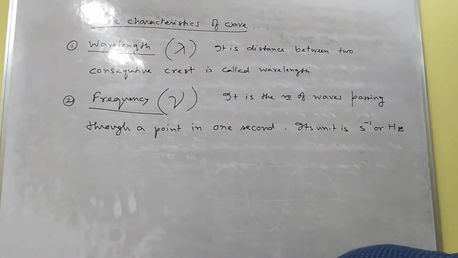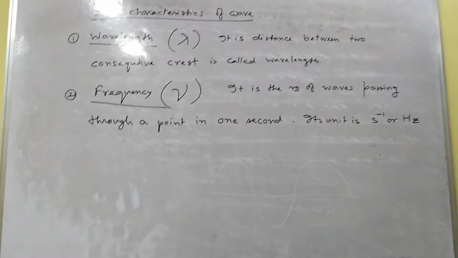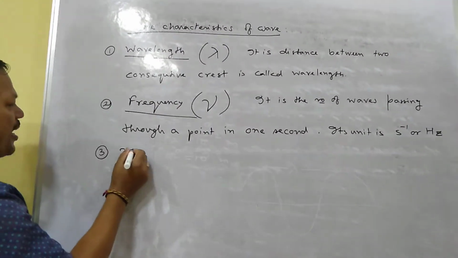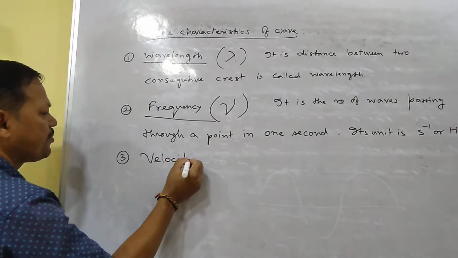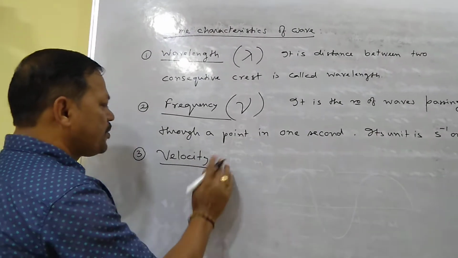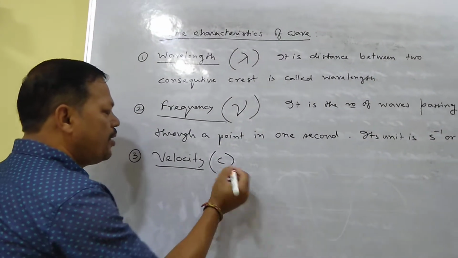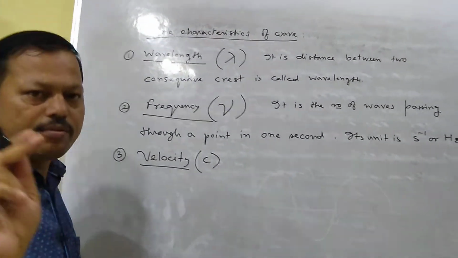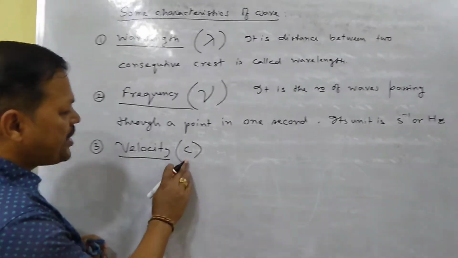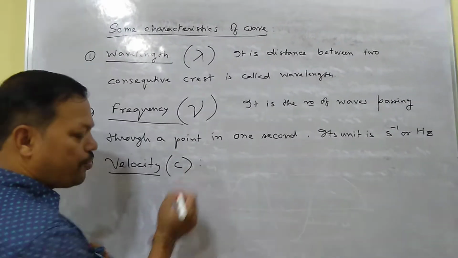Another property of the wave, number 3, is called velocity. Velocity is represented by the symbol c. And what is the velocity of a wave?